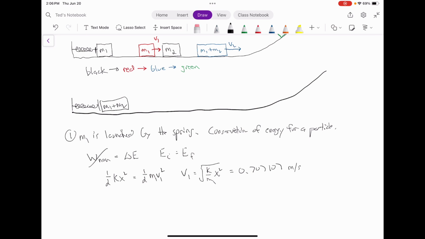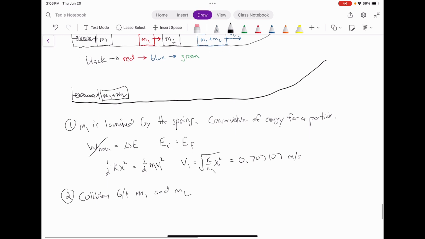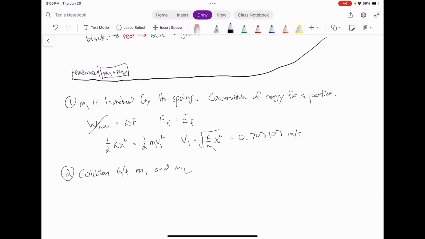Okay, step 2 is the collision between M1 and M2. Now in collisions, we cannot really use conservation of energy because we know some of the kinetic energy gets converted into thermal energy, and we don't have an equation for thermal energy.